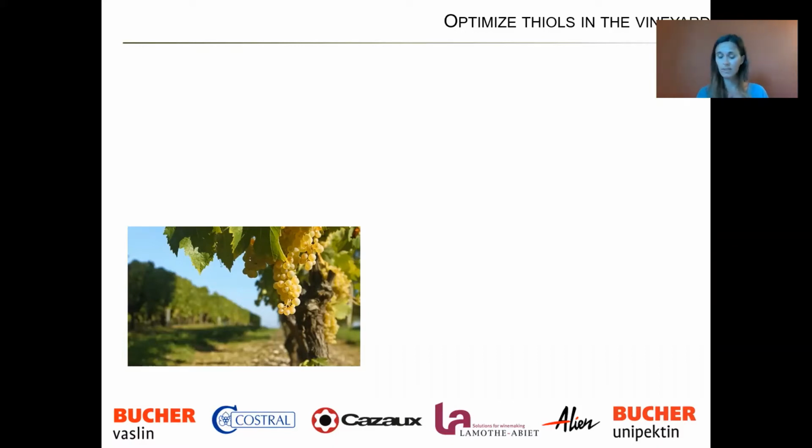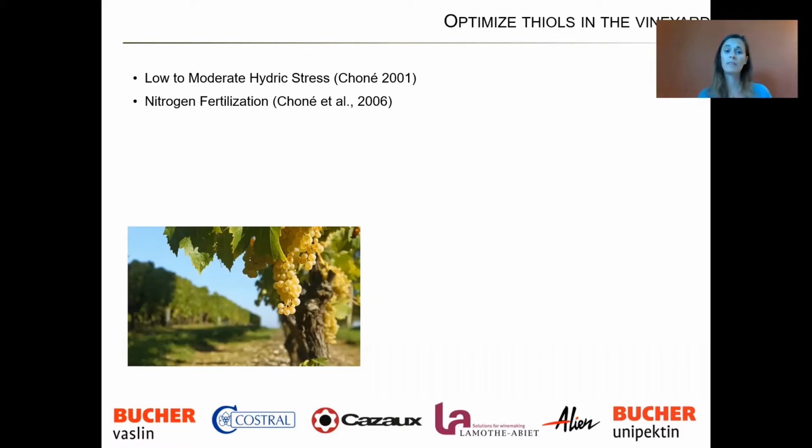So obviously the grape variety, as we saw, the clone and the terroir are going to have a huge impact on the amount of thiolic compounds you find in grapes, but the vineyard practices as well, and that's where you can play. A low to moderate hydric stress will increase the production of thiolic precursors, nitrogen fertilization as well, and then foliar nitrogen spray can really have an impact on how much thiolic compounds you find in wine, the impact being positive in this case.